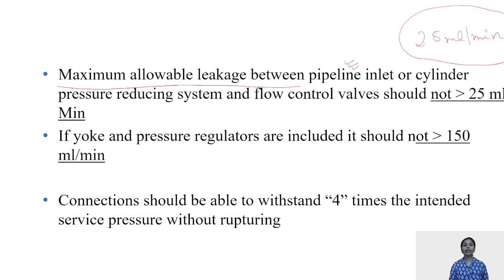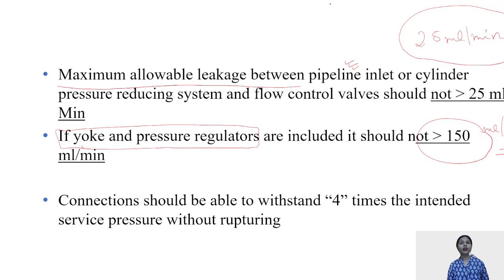But when we include your hanger yokes and your pressure regulators, which change your high to intermediate, then the standard is not more than 150 ml per minute. If we talk about only the intermediate pressure system, your leakage can be only 25 ml per minute. But in case we include some part of your high pressure system also, you can have it till 150 ml per minute.